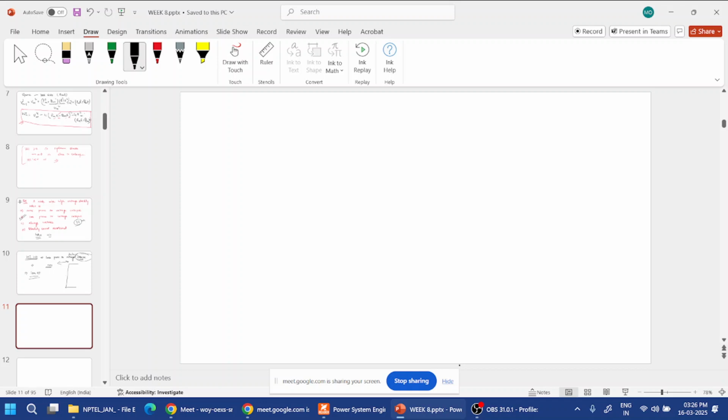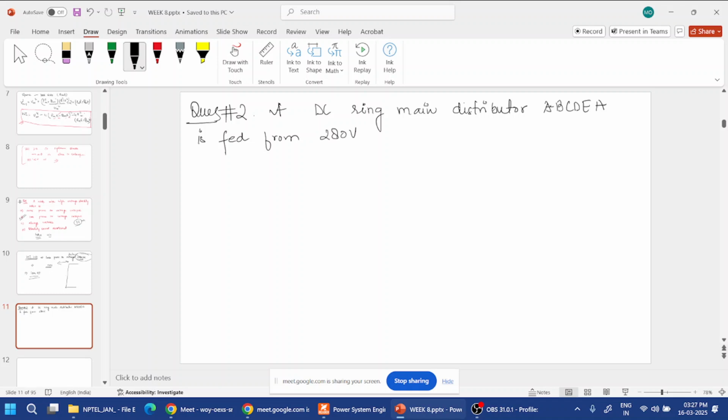The next question is here. A DC ring main distributor ABCDEA is fed from a 280 volt supply as shown.